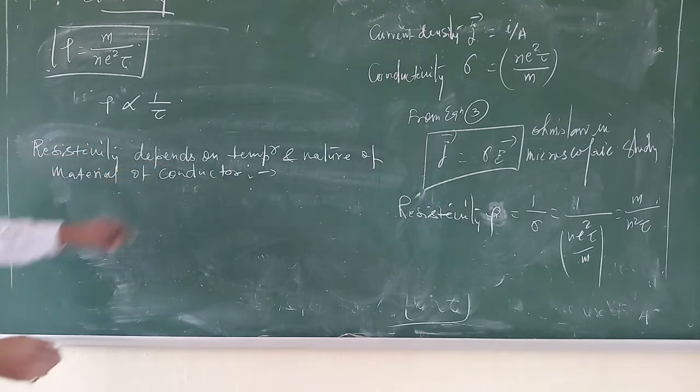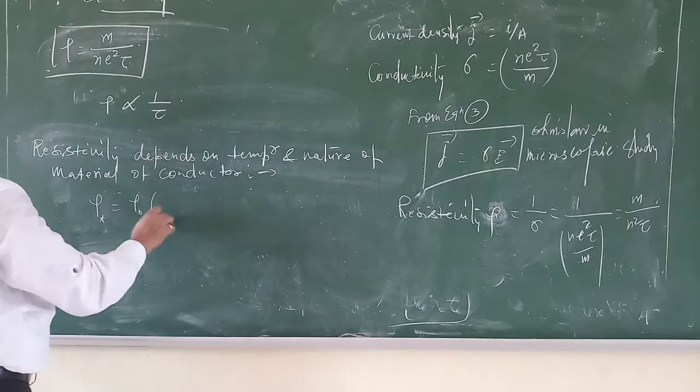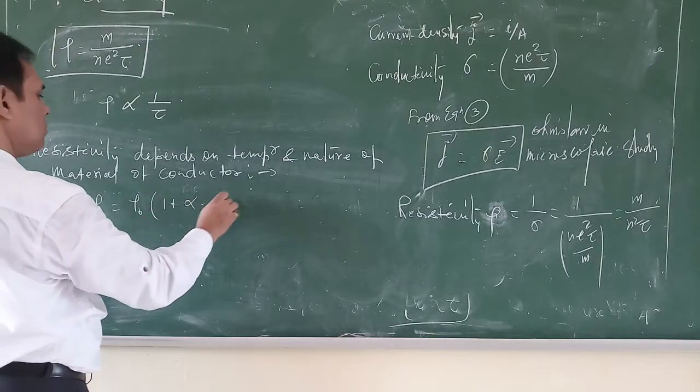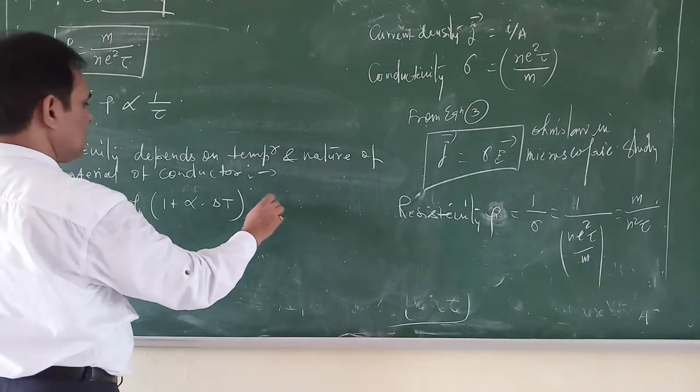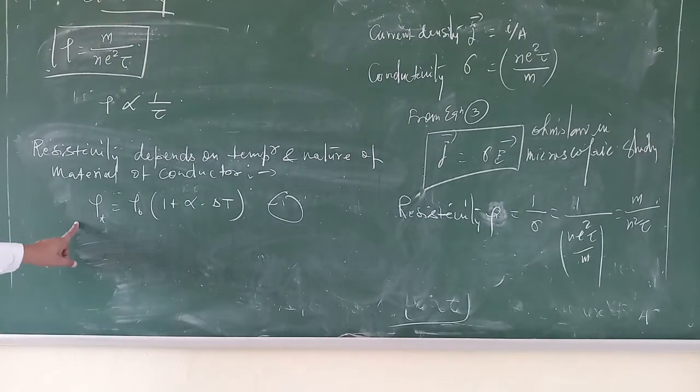So resistivity depends upon temperature. Rho T equal to rho naught into 1 plus alpha into delta T. This is the formula for resistivity varying with temperature.